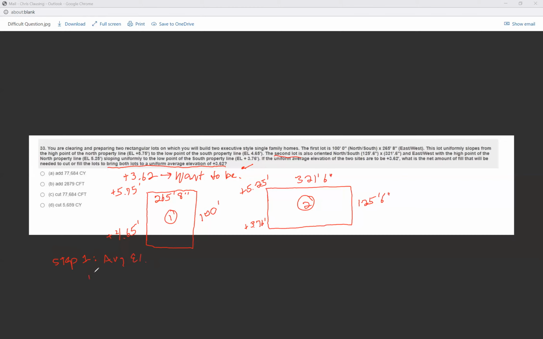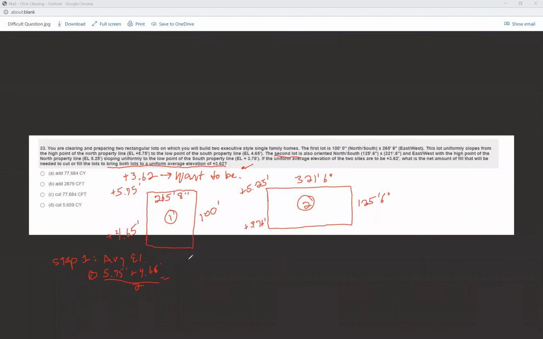elevation. So for lot 1, we've got 5.75 feet plus 4.65 feet, and we're going to divide that by 2. Let's get our calculator up and running. 5.75 plus 4.65, divided by 2, we got 5.2 feet.